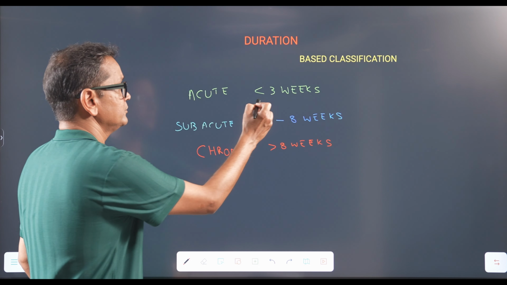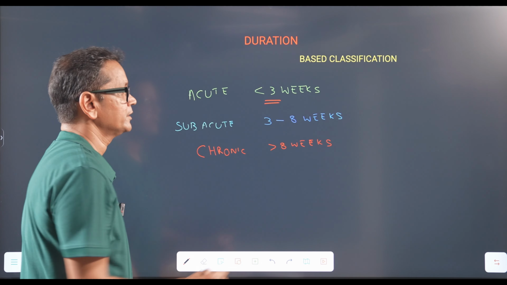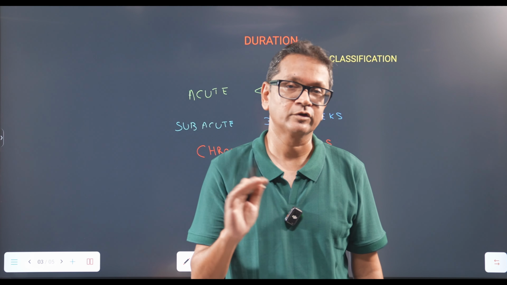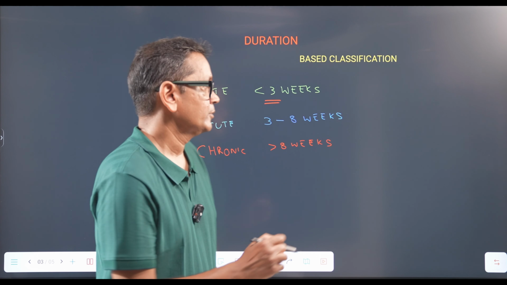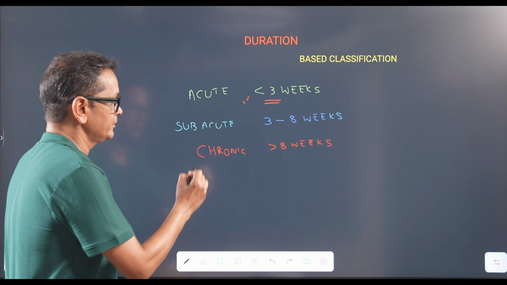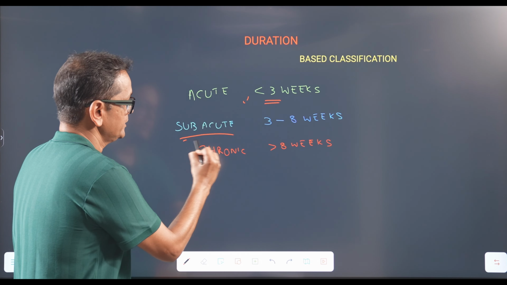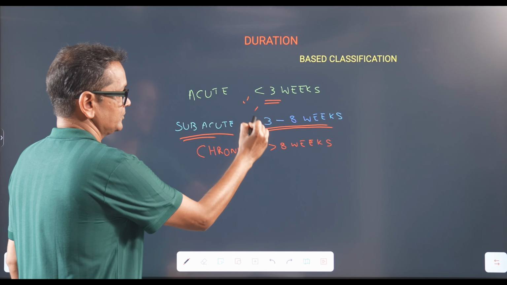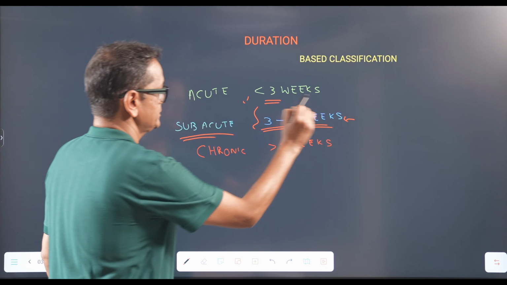They have revised it down to 3 weeks from 1995. The original duration of acute cough was 4 weeks, that means 1 month, but now it is 3 weeks or less than that. Subacute was originally 1 month to second month, but now it is from the third week to the second month. This is subacute cough.